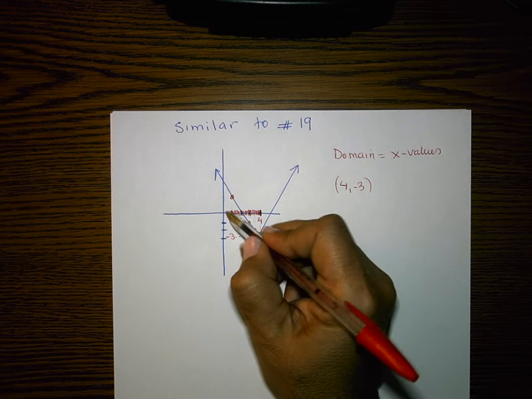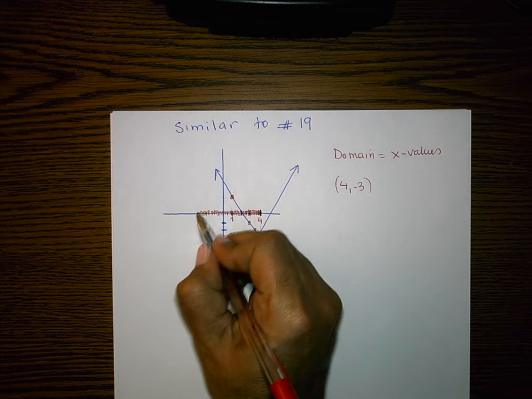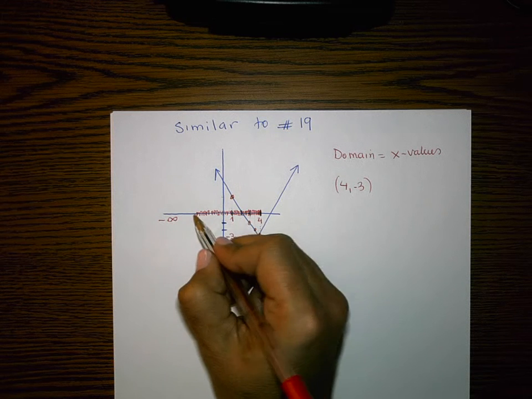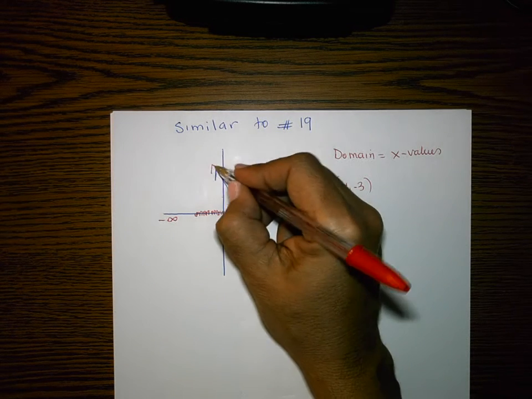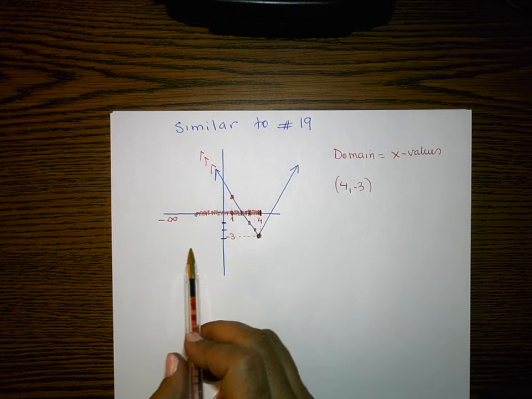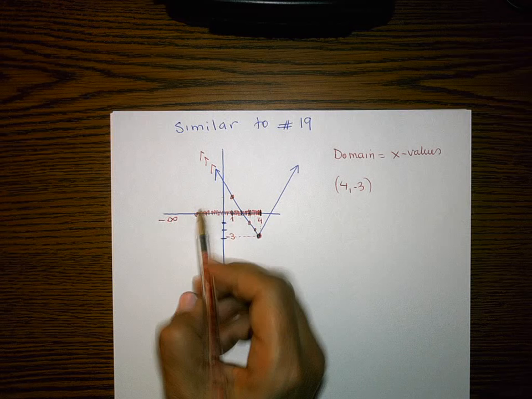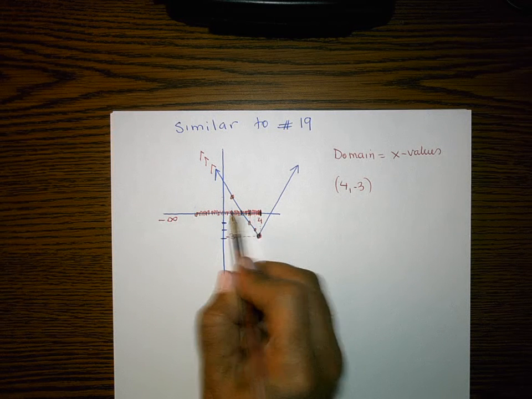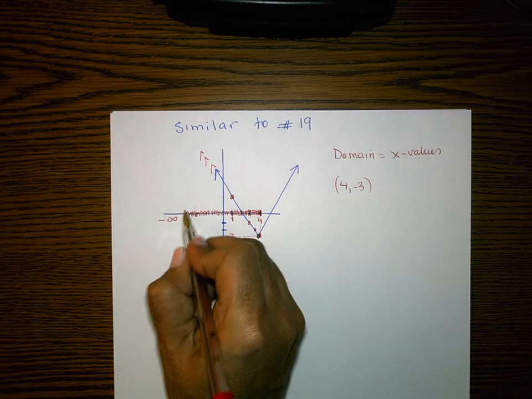And if I keep on highlighting all the way to negative infinity, I will find a point in my graph because this graph is indicating that it goes forever, right? So it looks like all of the values that are less than 4 are part of my graph.